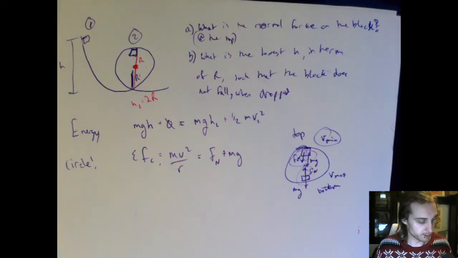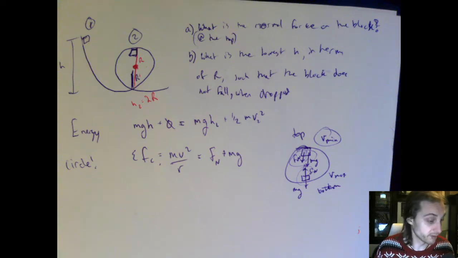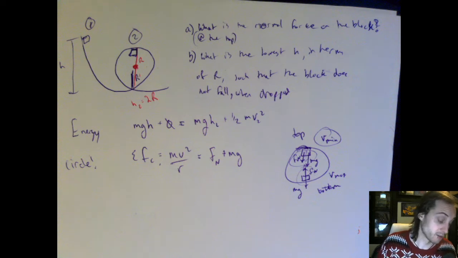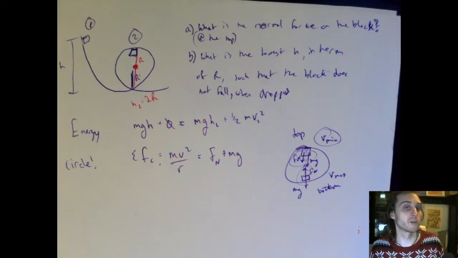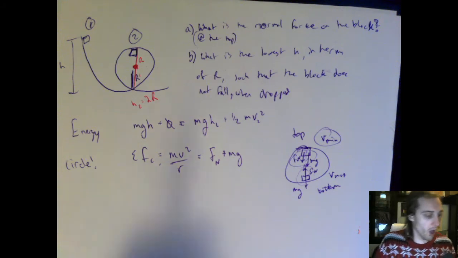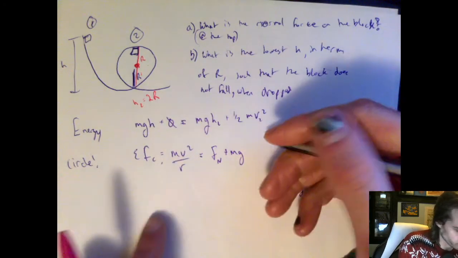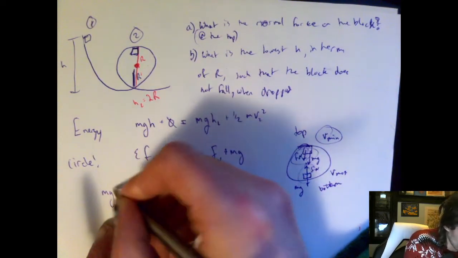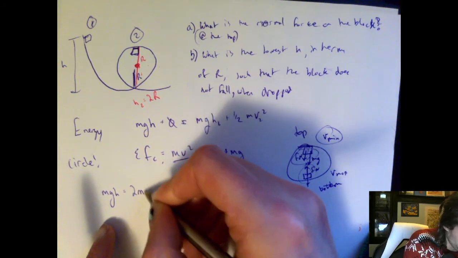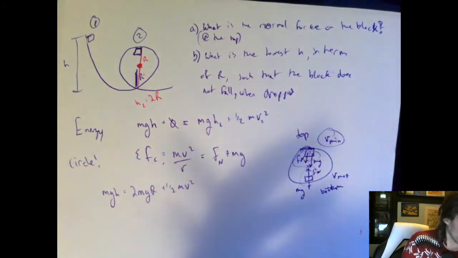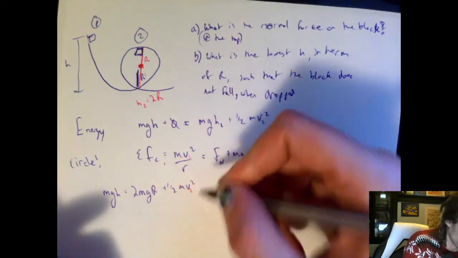And now I can solve for v in terms of h and r, which are both things that are sort of given in the diagram of the problem at least. And using mg, I can relate those to my normal force. So in particular, I've got mgh equals 2mgr plus 1/2 mv squared, where v is the velocity at the second location.